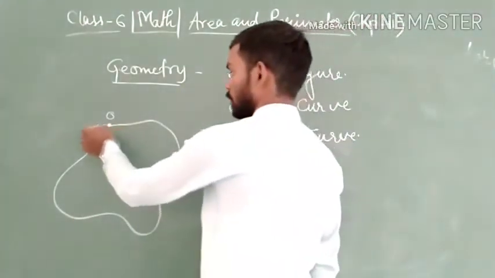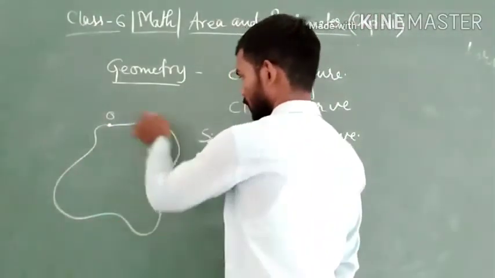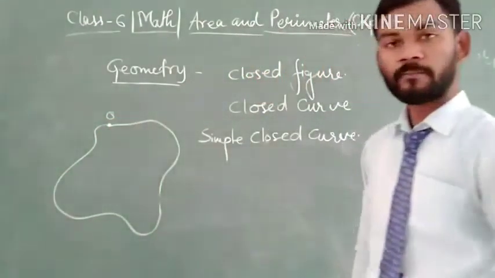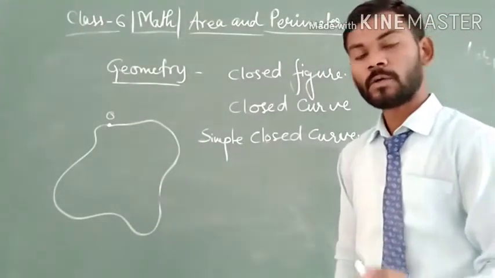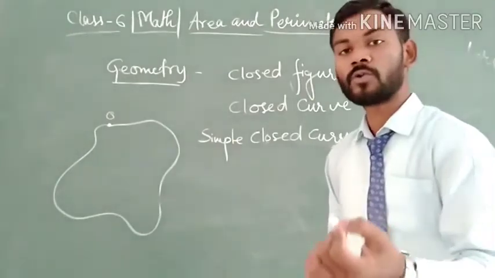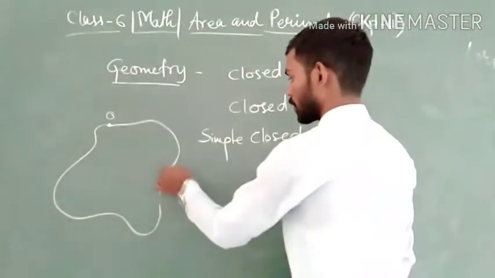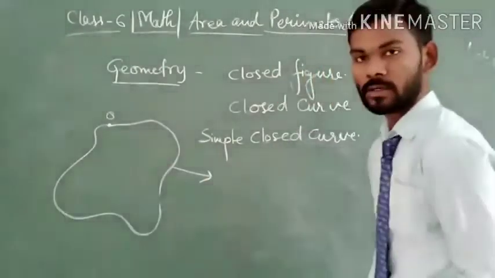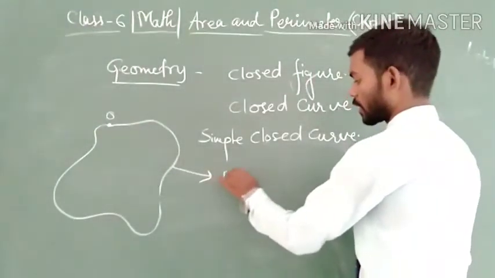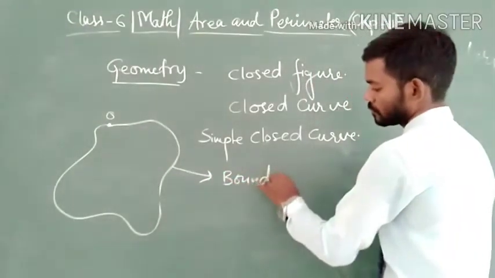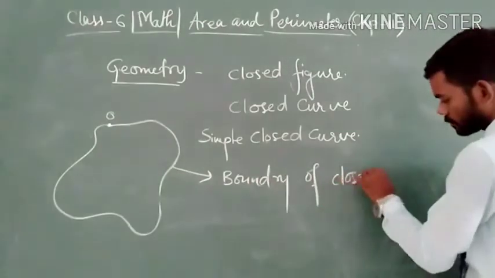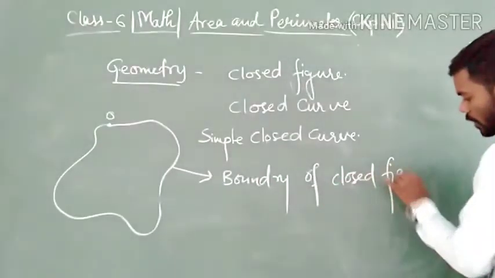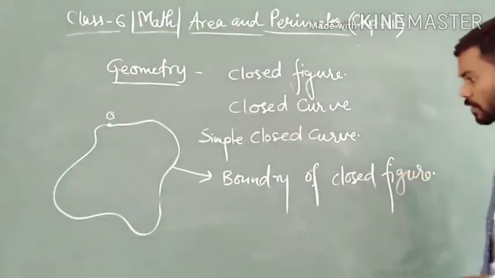This locus, this path of the point, is called the boundary of the closed figure.